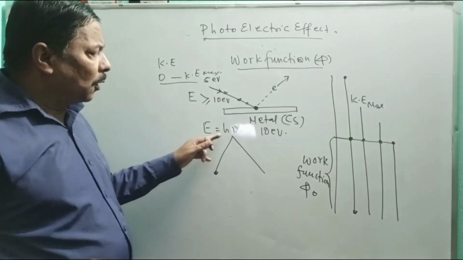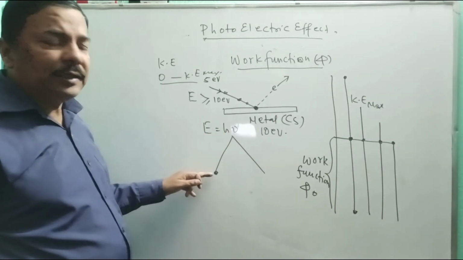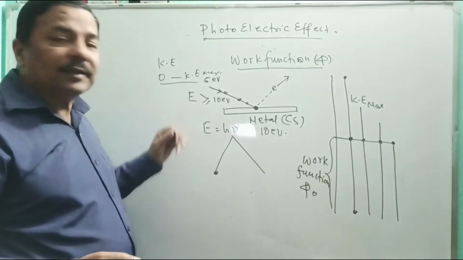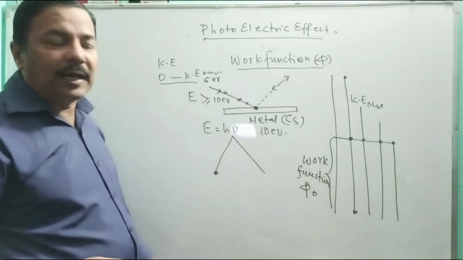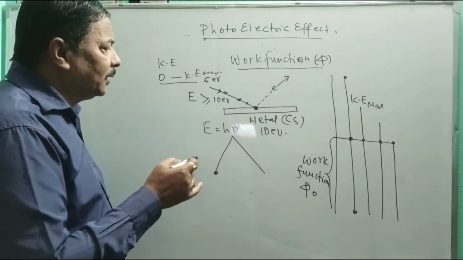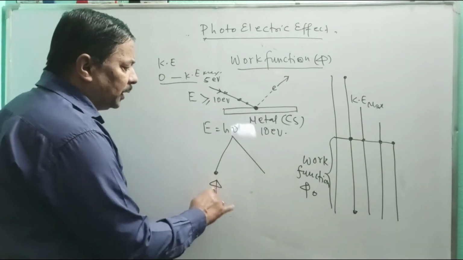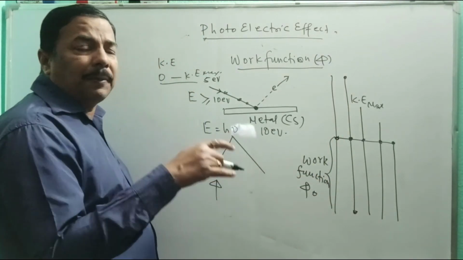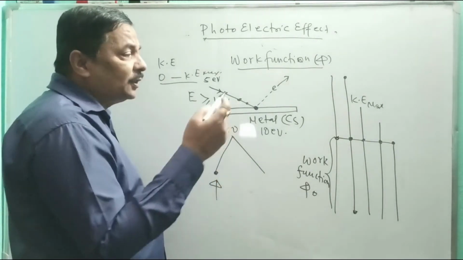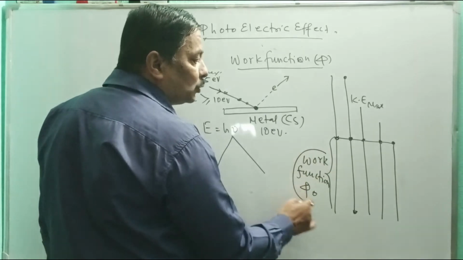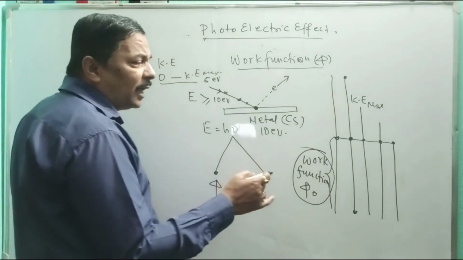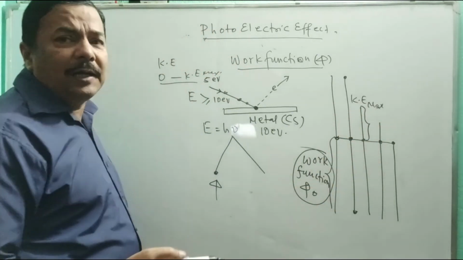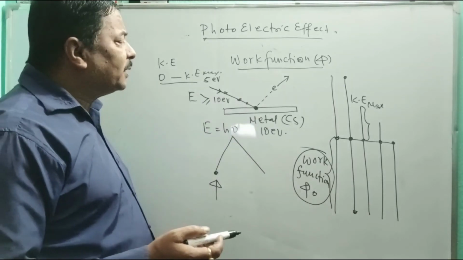So the two portions of this energy: one portion is used to bring the photoelectron to the surface, and the other portion provides the kinetic energy. You should understand that the portion which brings the photoelectron to the surface and makes it capable of being ejected from the surface is known as your work function, whereas the other portion of energy is used in maintaining the kinetic energy of the electron.